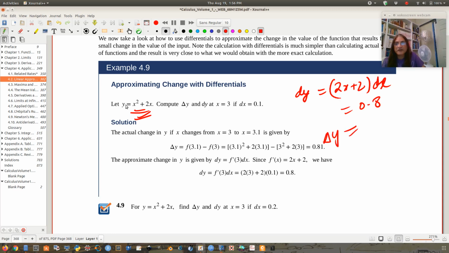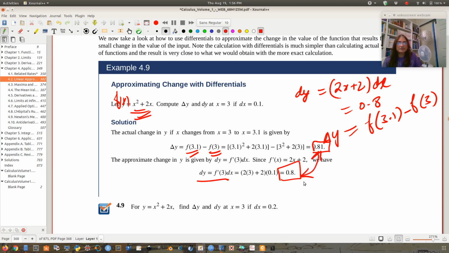Delta y is the function at a plus delta x, so f at 3.1 minus f at 3. That will be delta y. And that turns out to be 0.81. And dy, which is f prime of 3 times dx, is 0.8 here, so it's very close to that.